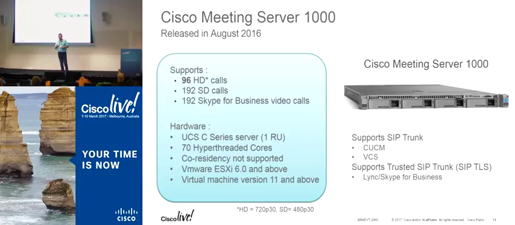This does have VMware installed on it, and you install the Cisco Meeting Server over and above that. It's a single server with a whole bunch of cores that are packed into it to enable us to scale our video architecture. Once again, we then trunk that to our favourite platforms as well.